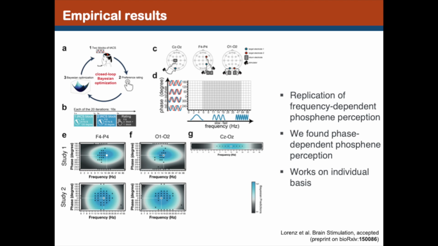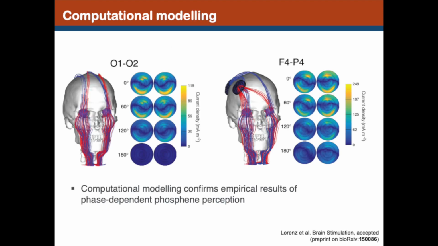If the current that you inject between two different electrodes is in phase, so 0 degrees phase lag between these two oscillations, your sensation of phosphenes is higher than at 180. We didn't know exactly why this was the case, and computational models were really useful, because they allowed us to see that what we are obtaining is just an effect of simple physical interference.